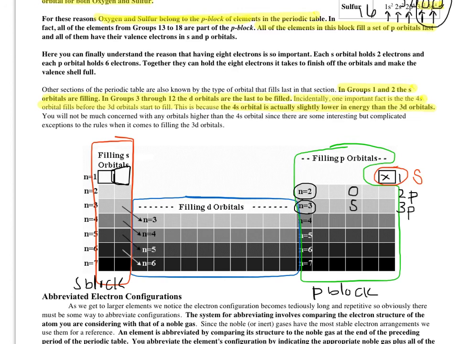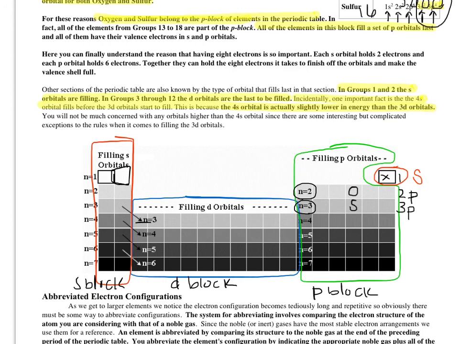And then this middle section of our periodic table, this is called the D block. So these end in d orbitals. Now one thing to know about the D block is that it's sort of behind by 1.